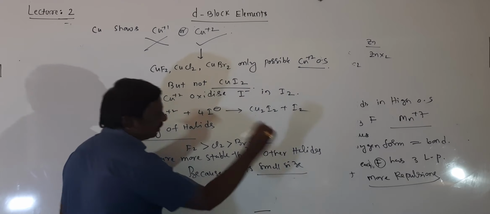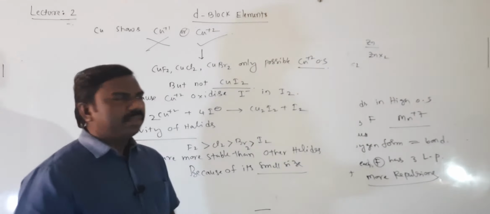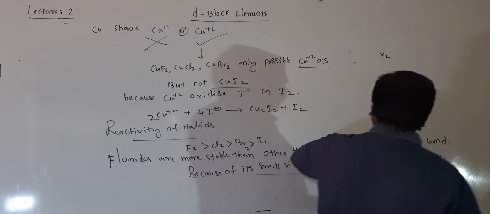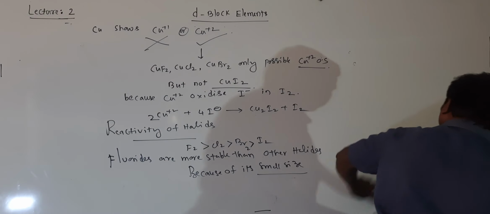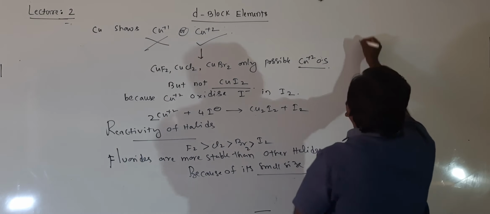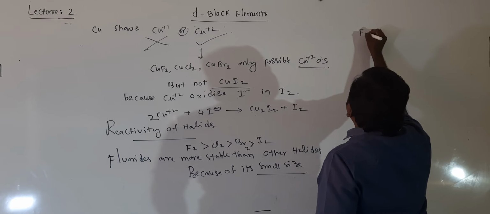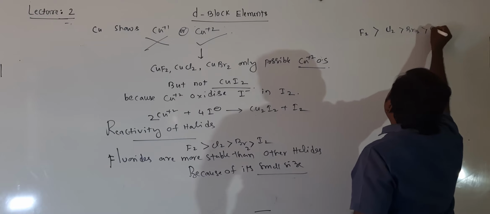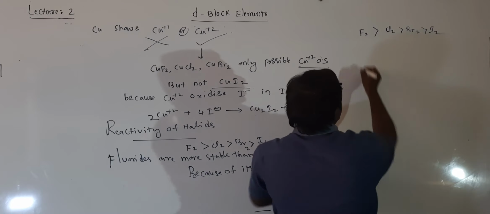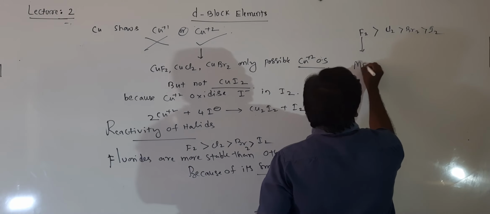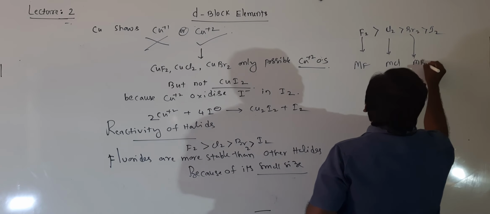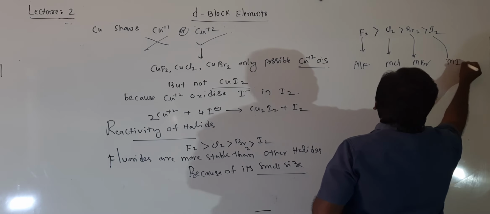Getting all of you, students? Fluorides only. And if you observe the character of these fluorides and chloride, bromide and iodide, it means when this is treated with metal, it forms metal fluorides, metal chlorides, metal bromides and metal iodides.